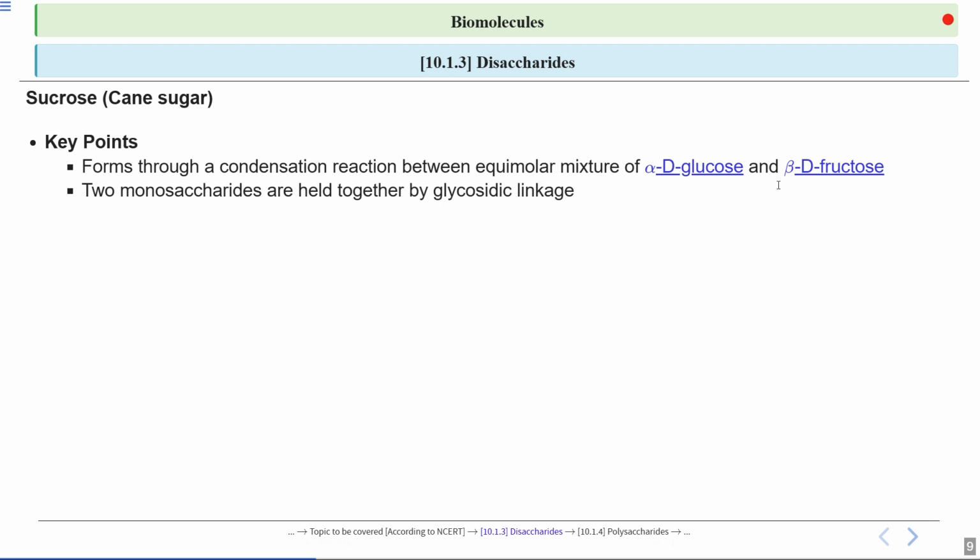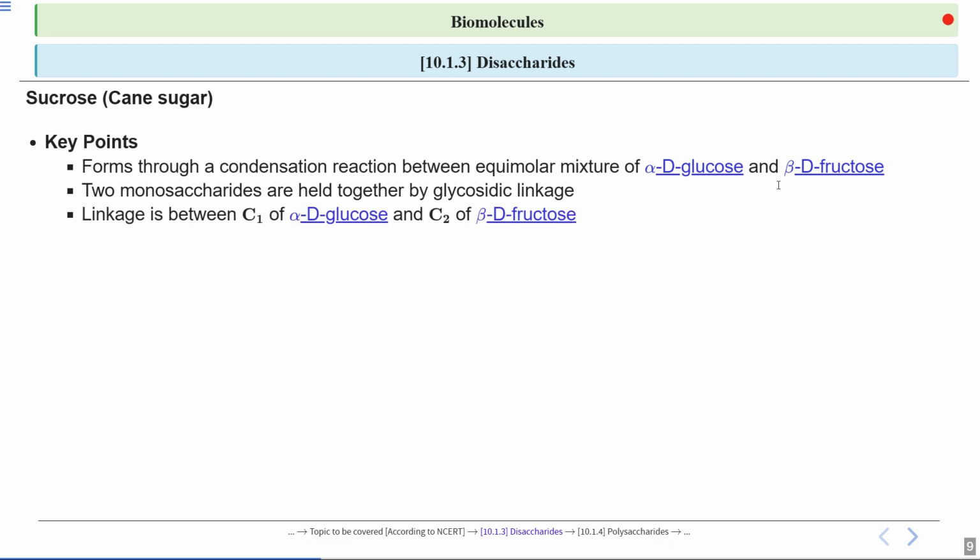So you will notice that the two monosaccharide units in sucrose are joined together by a special type of bond which is called a glycosidic linkage. This is a type of covalent bond that connects the sugar molecules, allowing them to function as a single disaccharide.